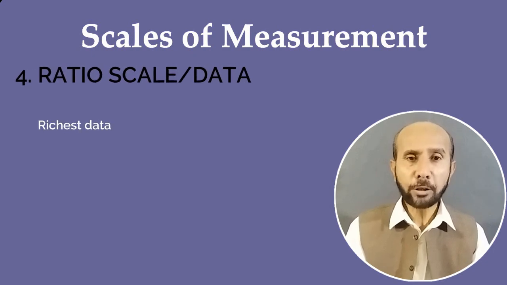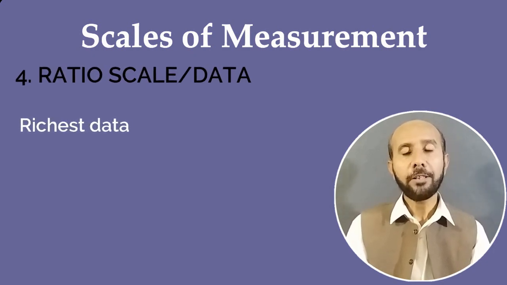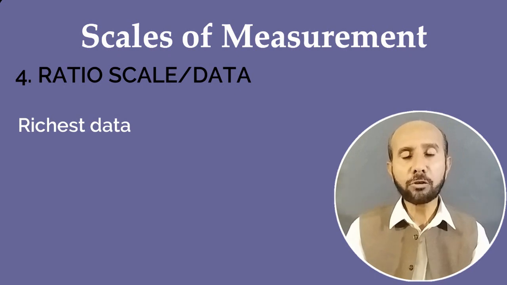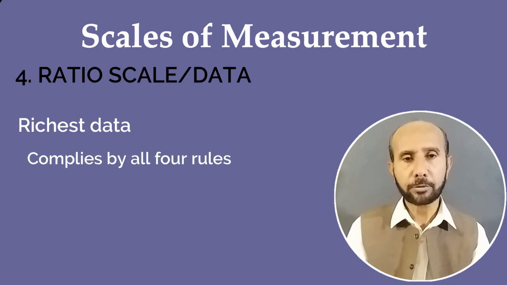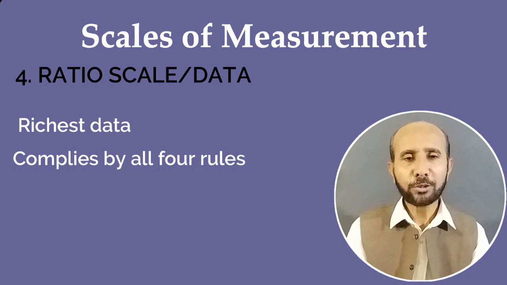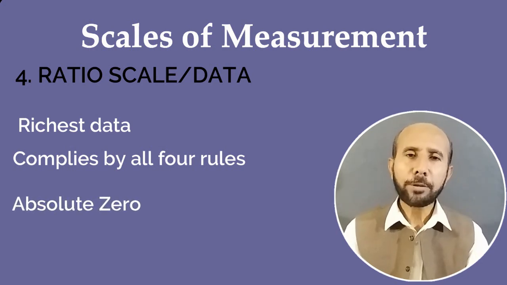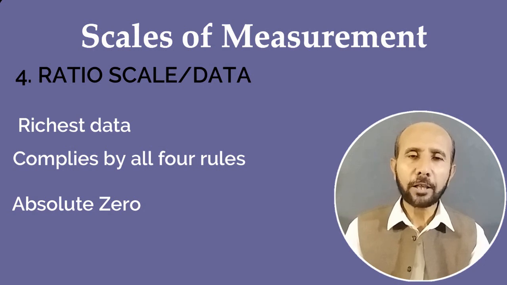Number 4, ratio scale or ratio data. This is the richest of all data types. The reason is it complies with rule 4. The principle is that ratio scale has an absolute 0, which means that we can exactly measure the data.